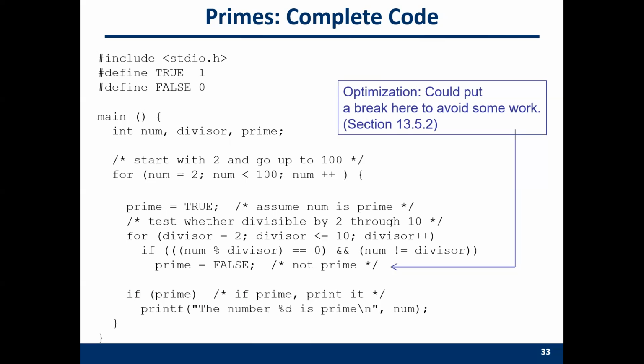And the second loop here will try different dividers. And inside this second loop, the flag can be set to false if some conditions are met. If no condition is met here, then the number is a prime. So in this way, we can pick up all the prime numbers less than 100.